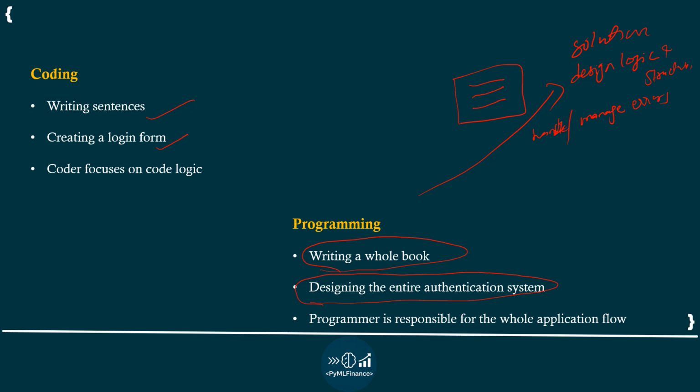You also do testing or debugging, and then finally you deploy the program into production. When you say production, it is the actual use case for which this program has been written.